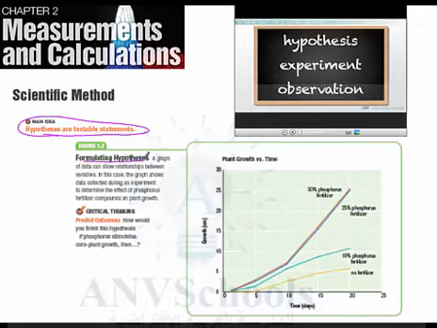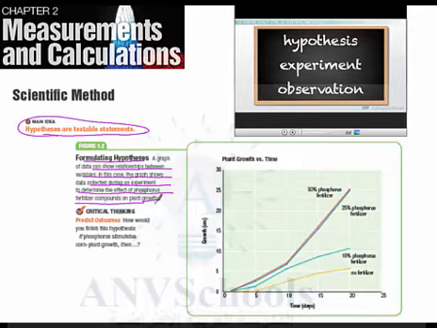Formulating a hypothesis. A graph of data can show relationships between variables. In this case, the graph shows data collected during an experiment to determine the effect of phosphorus fertilizer compounds on plant growth.